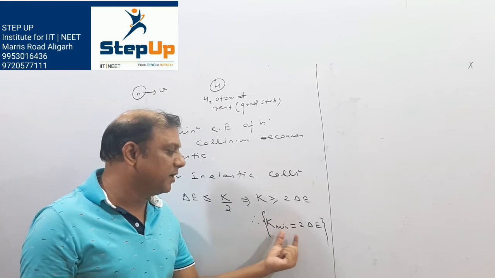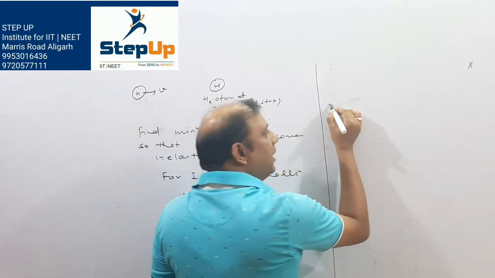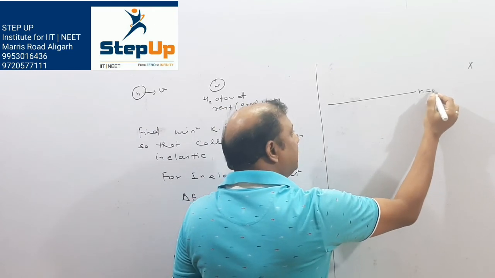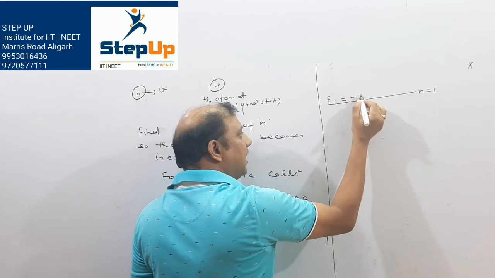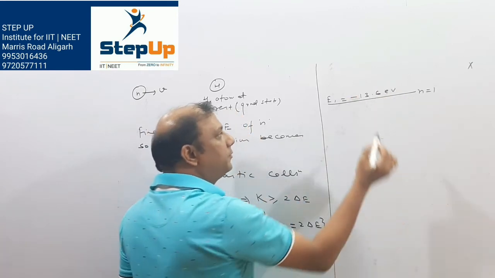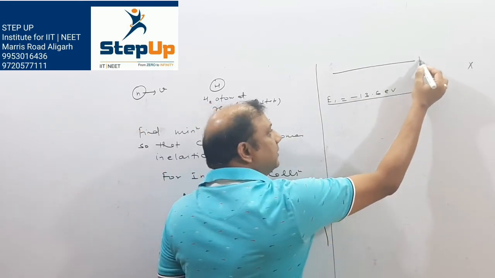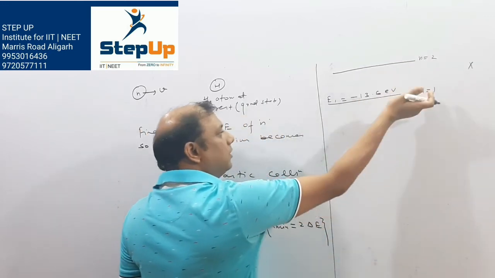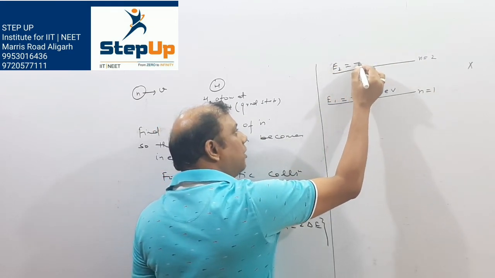So the minimum delta E for the hydrogen atom, and as you know, at ground state the energy of this atom is minus 13.6 electron volt, and when it comes to the excited state, n becomes 2, the second orbit, and then the energy becomes what?